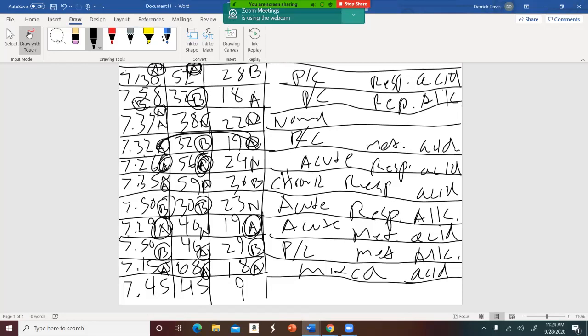So once again, it's a pH of 7.45, a CO2 of 45, and a bicarb of 9. That's something that if you want to work on it, I think that's a good discussion point for our coursework.